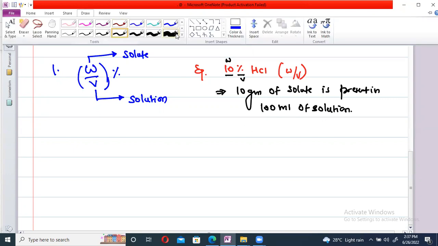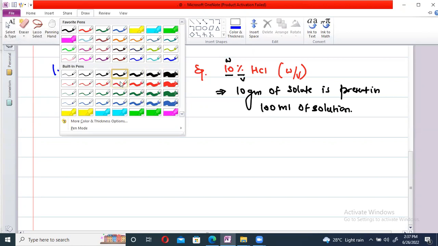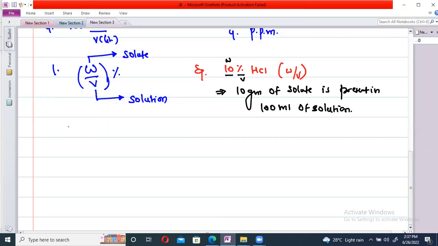One more example I will give, because it is not that easy to understand from one example. They give a 4% NaOH W by V solution. What does this indicate? See beta, this W means solute, V means volume, that is solution.